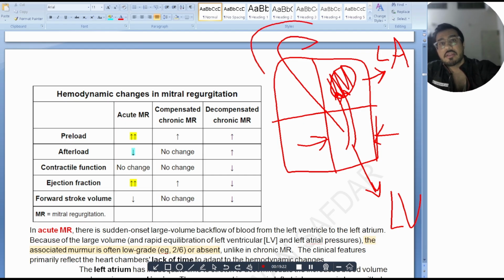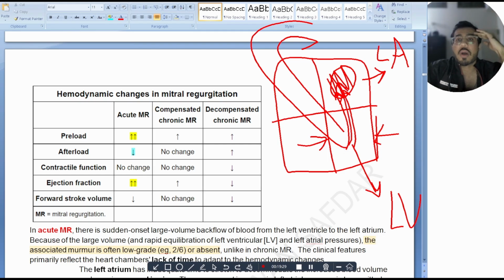I'm gonna draw it like this, or it can pump the blood back towards the left atrium. And since now it has two pathways of pumping blood, either to the aorta or to the left atrium, and the left atrium pathway has been acutely opened, and it is not compensated suddenly, so the afterload is gonna reduce.